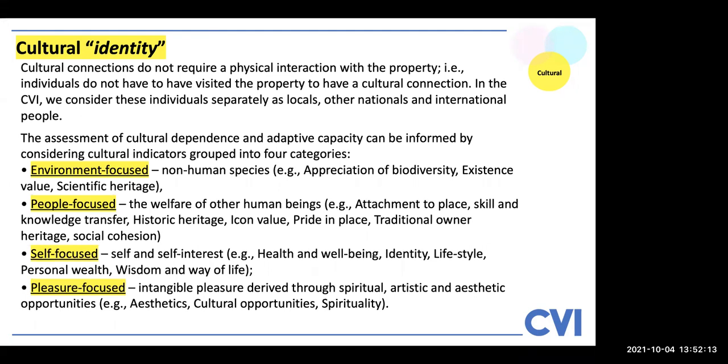They're related to the welfare of others. There's some aspects that we might consider very self-focused in terms of identity, our self-interest, our own lifestyle, our own personal wealth. And there are some that we might consider as pleasure-focused. So these are intangible pleasures that could be derived through spiritual or aesthetic opportunities.